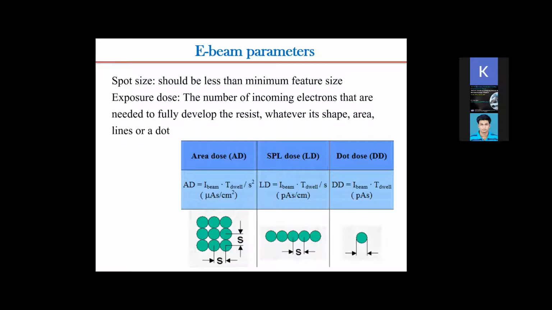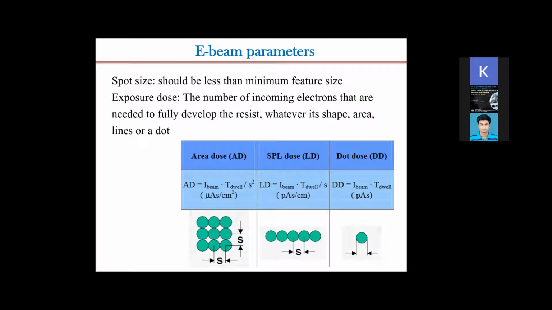Whereas for a line dose, your pixel will be selected by a line. That means your spot will move in a line for a particular pixel. Whereas dot dose will give the minimum dimension that you can achieve. But again, the problem is that if you use line dose or dot dose for a larger dimension, that will take a huge amount of time.